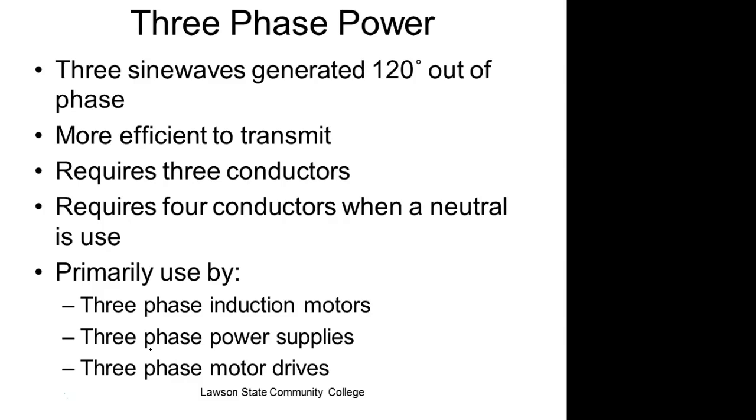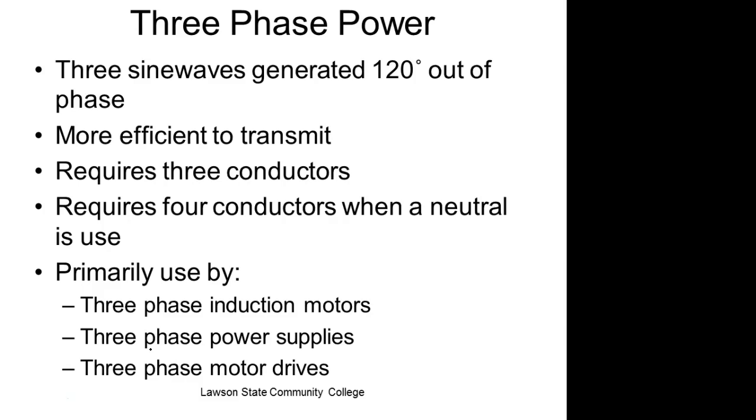It requires 4 conductors when a neutral is used. So we have 2 ways we can send it. Usually power is transmitted using a delta. A delta is a way we can transmit 3-phase power without a common. And then we have what we call a Y-wound, which means we can add a common or neutral.